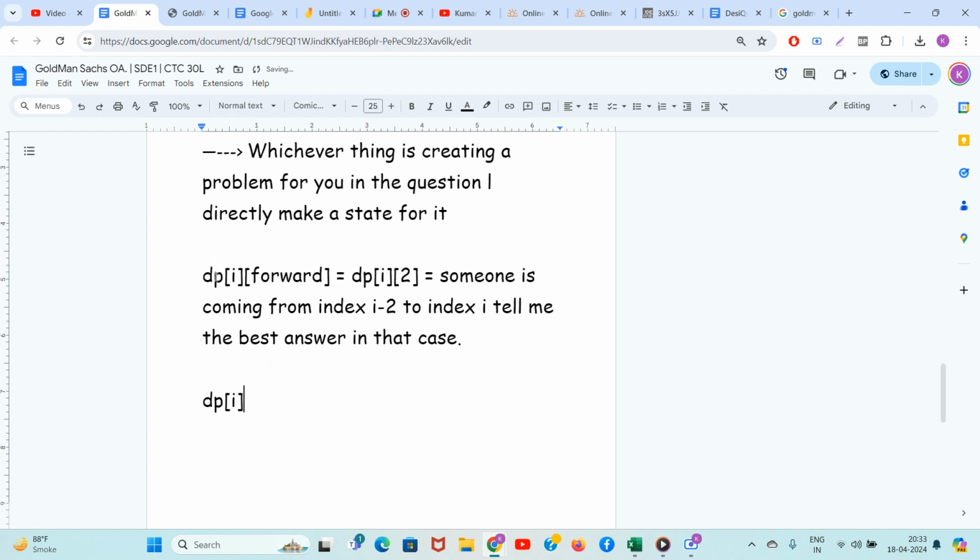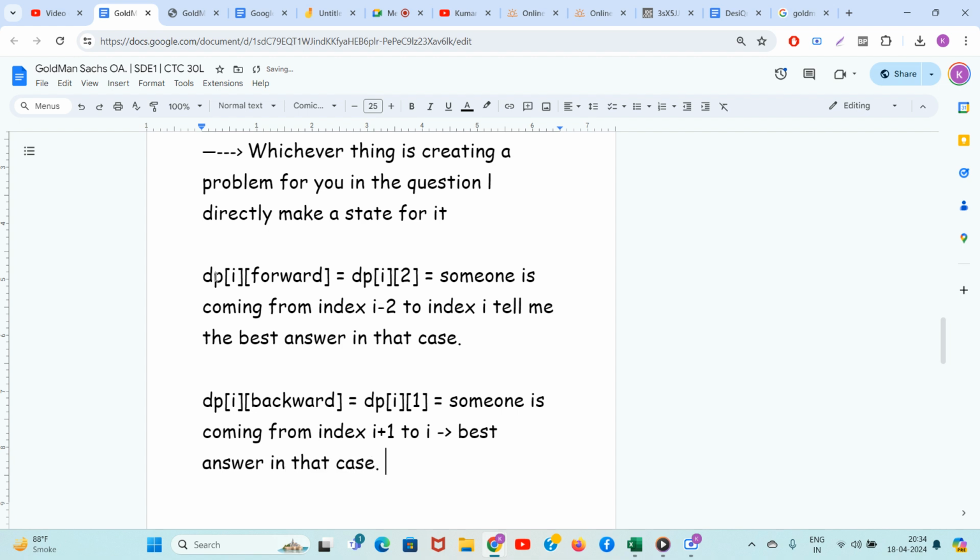DP of I backward, let me call it as DPI1, okay? Someone is coming from index I plus 1 to I. Tell me the best answer in that case.